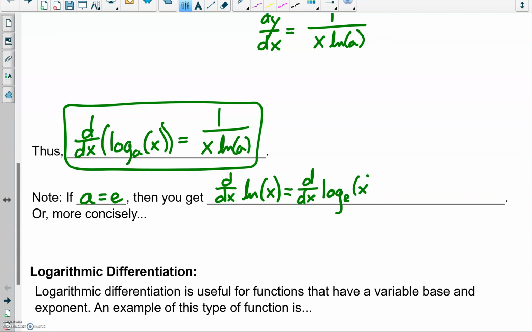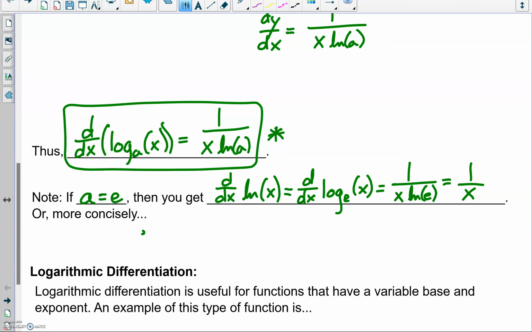This is the log base e. So when you do the derivative using the form that we just developed up above, you get 1 over x natural log of the base, which is e. Well, natural log of e is really saying what power do you raise e to get itself, and that would just be 1. So natural log of e is just 1, and you end up with 1 over x.